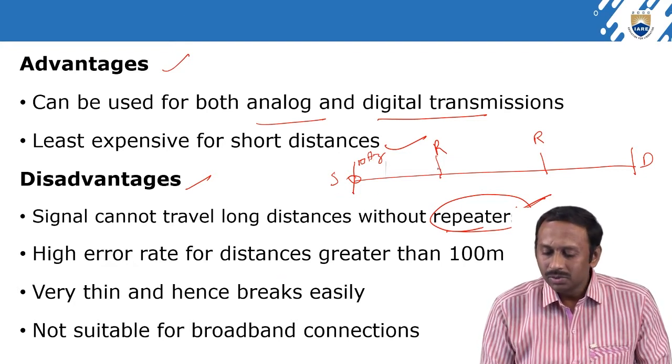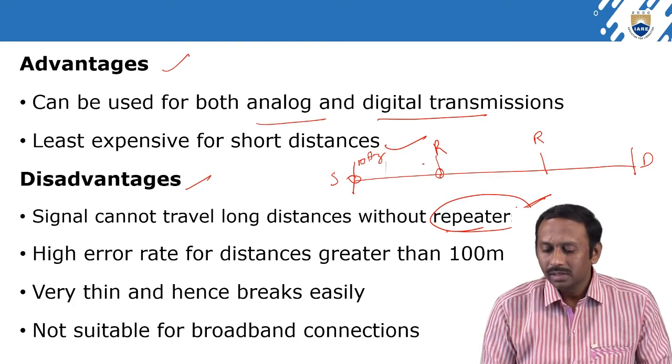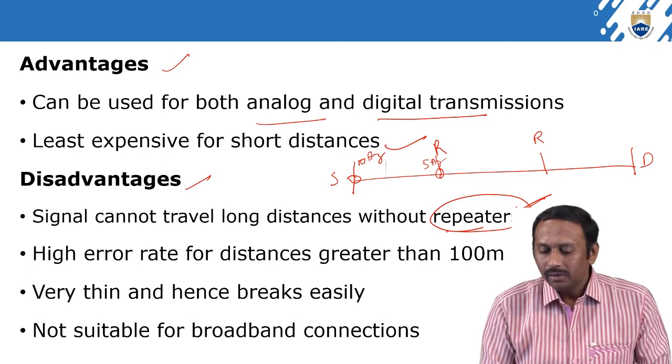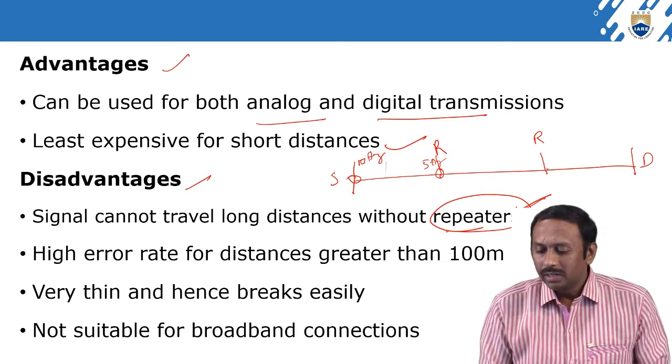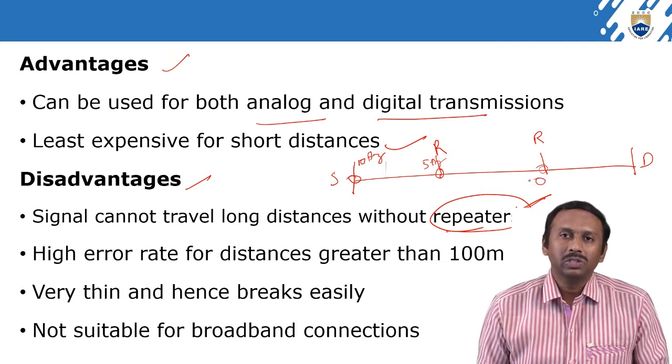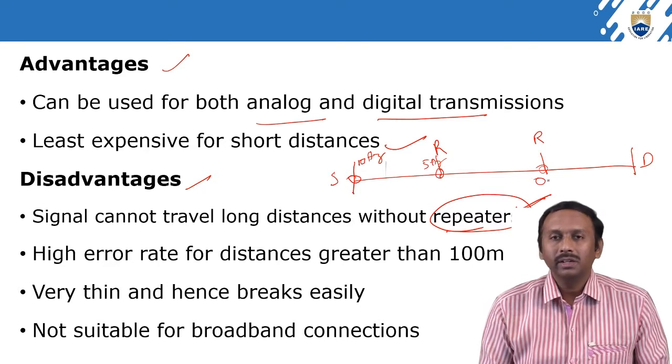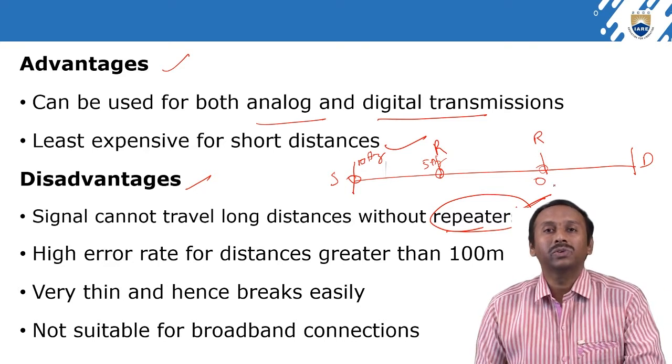When it reaches this point, the signal strength is 5 hertz. Without a repeater, when it reaches here, it will be 0 hertz, and then the signal is going to be lost. That means the data is going to be lost.